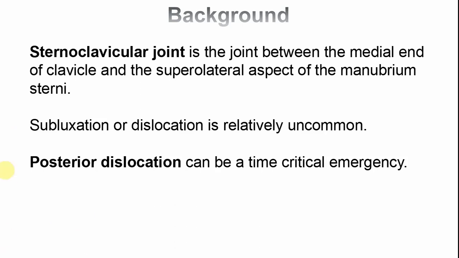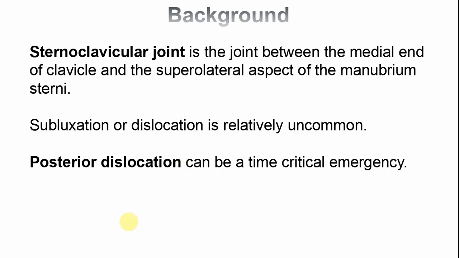Subluxation is more common than dislocation, and there are two types of dislocation or subluxation that can happen: anterior and posterior. The posterior dislocation is worse, and I will emphasize posterior dislocation more because that has more adverse effects, and we don't want to miss it.